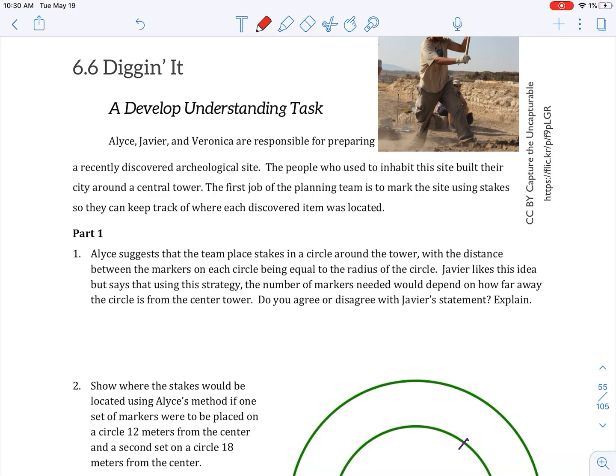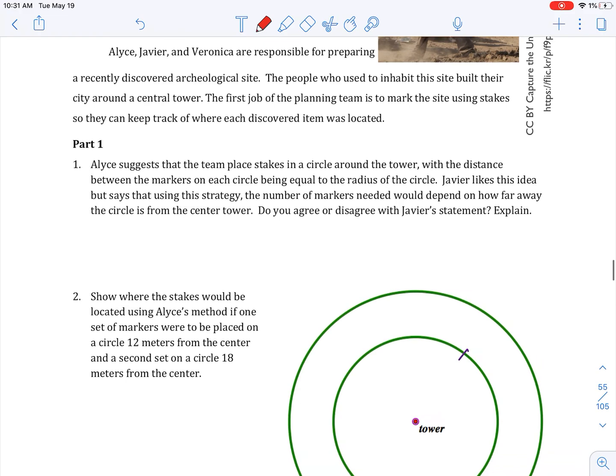6-6 Digging It. Alice, Javier, and Veronica are responsible for preparing a recently discovered archaeological site. The people who used to inhabit this site built their city around a tower. The first job of the planning team is to mark the site using stakes so they could keep track of where each discovered item was located. Part 1.